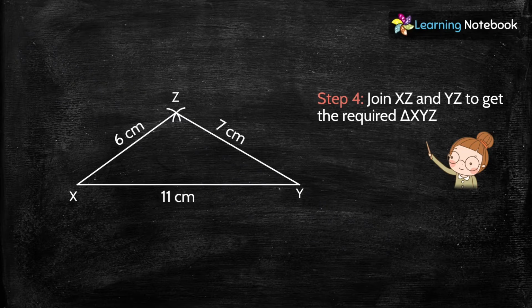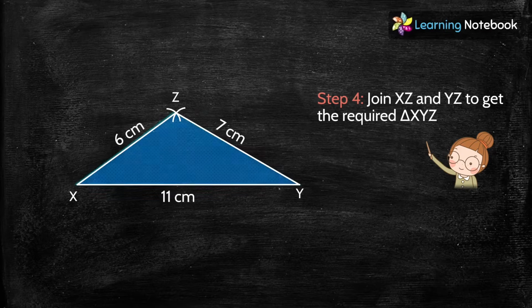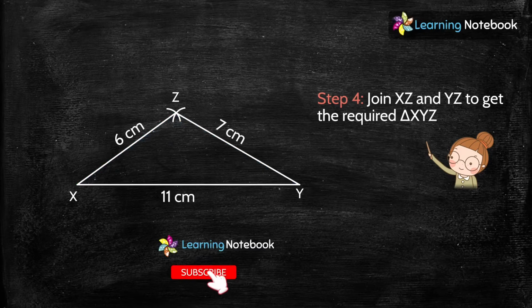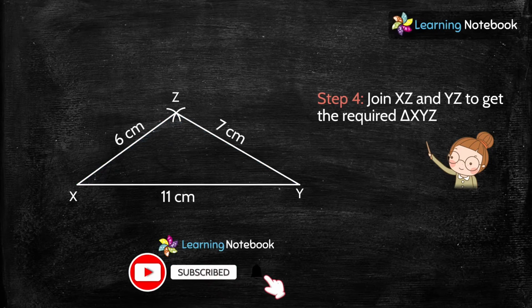We will also mark the measurements of XZ and ZY as 6 cm and 7 cm respectively. So students, this is how we construct a triangle when lengths of its three sides are given to us.